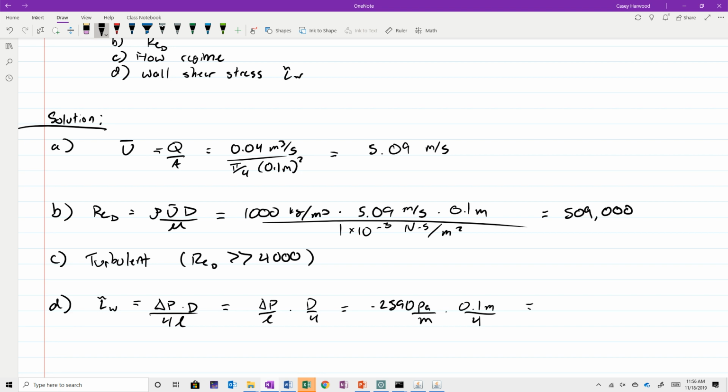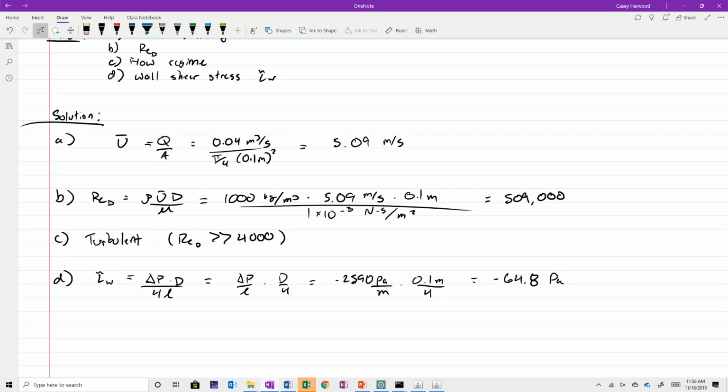We're going to end up with 64.8 pascals. Negative sign there to indicate that it is acting in the negative direction, negative with respect to the flow. So a little rapid-fire calculation of some flow parameters through a pipe.